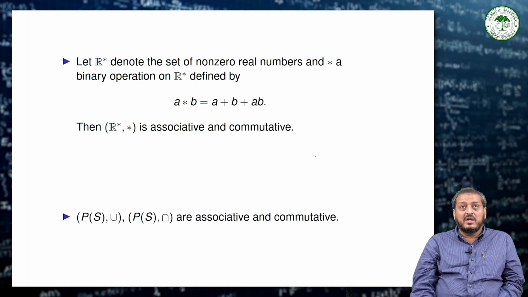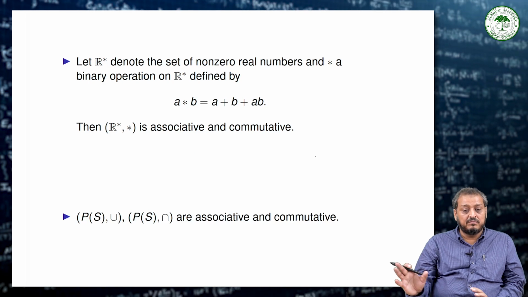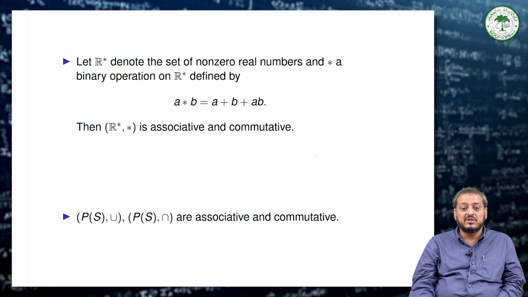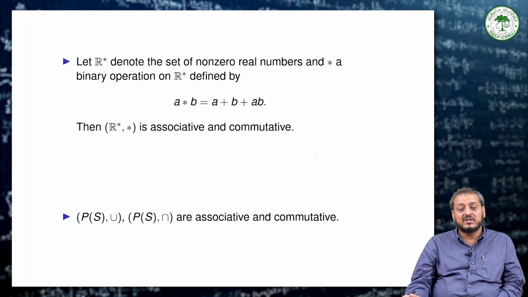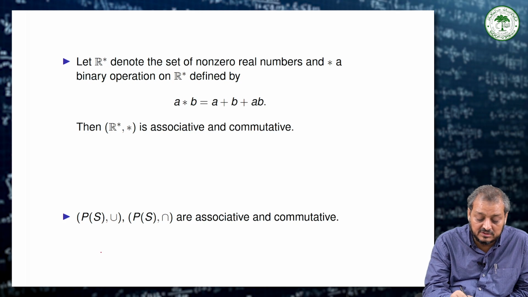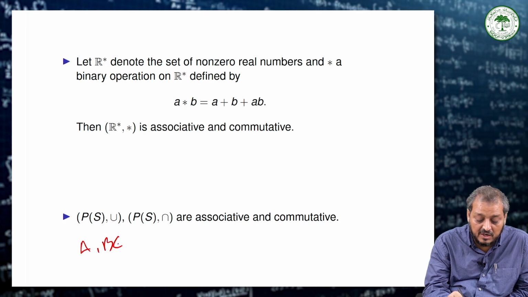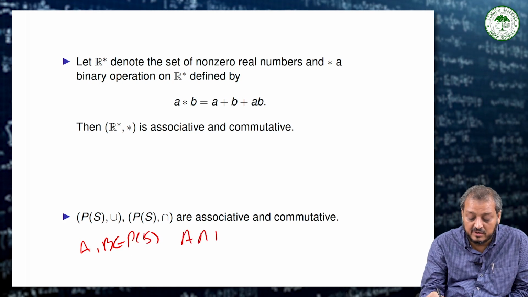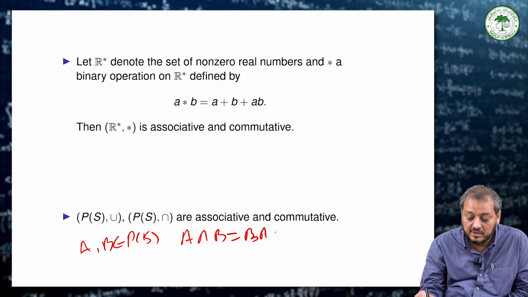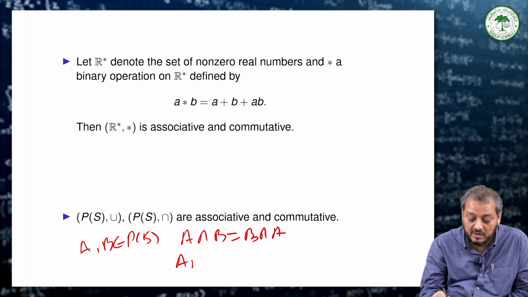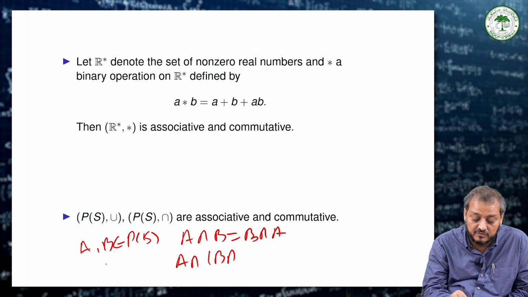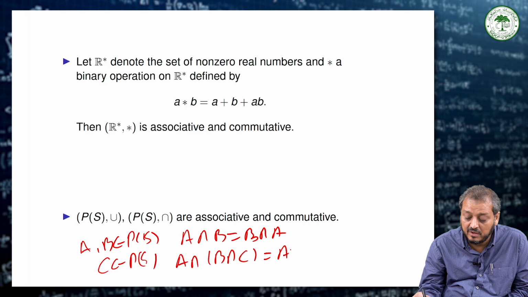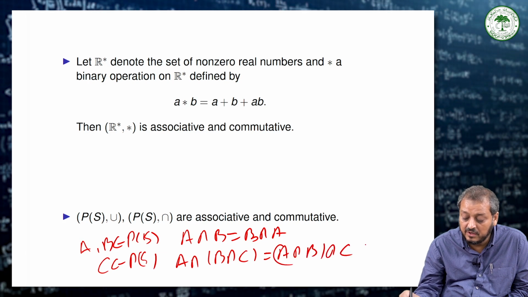Okay, now another example. We take the power set with the binary operations union and intersection. Are they associative and commutative? Clearly, if A and B are members of the power set of any set S, then A intersection B is the same as B intersection A. Also, if C belongs to the power set of S, then (A intersection B) intersection C is the same as A intersection (B intersection C).